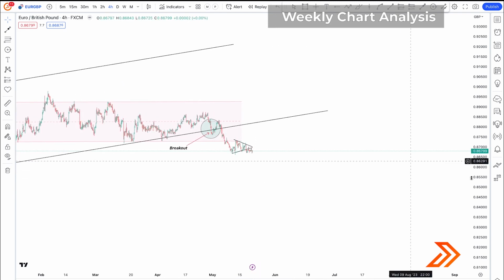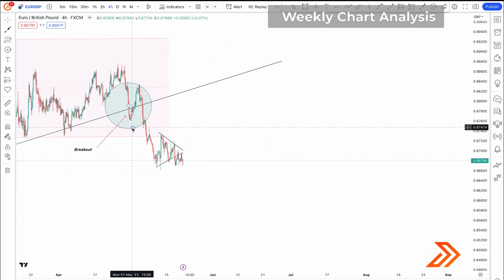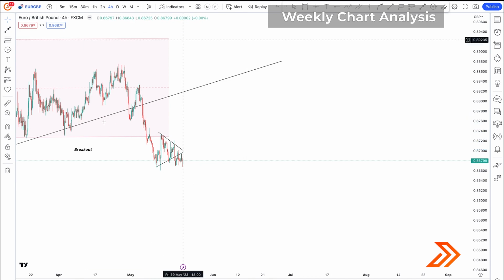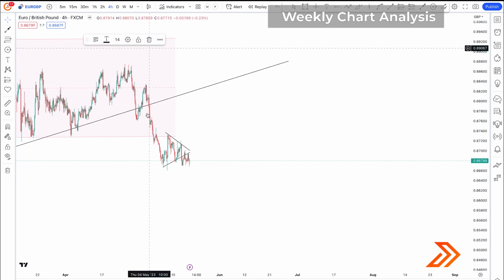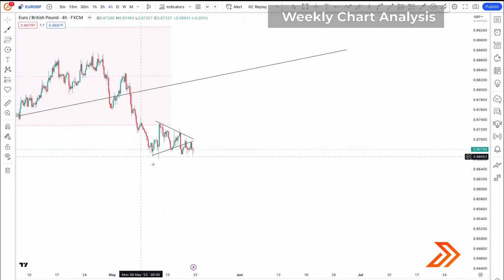And then we had this mini bearish trend line on euro pounds that is currently playing out.